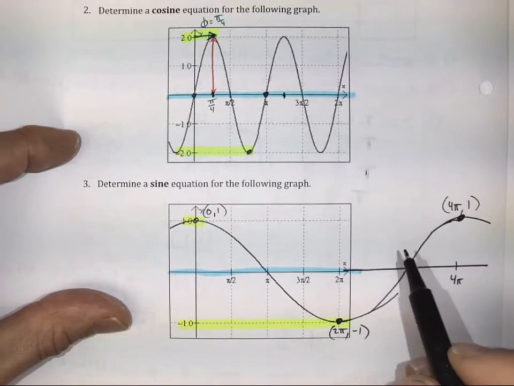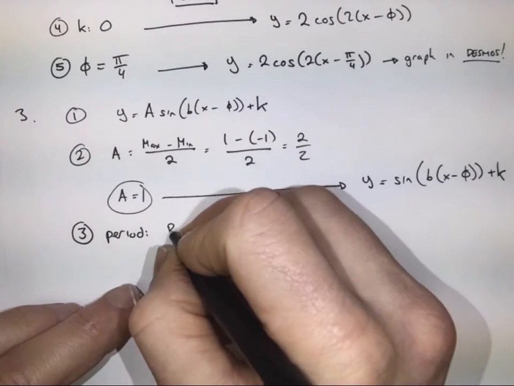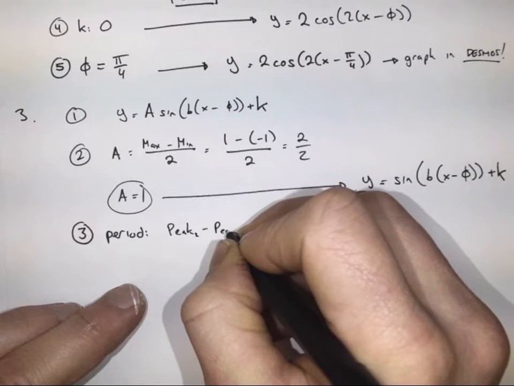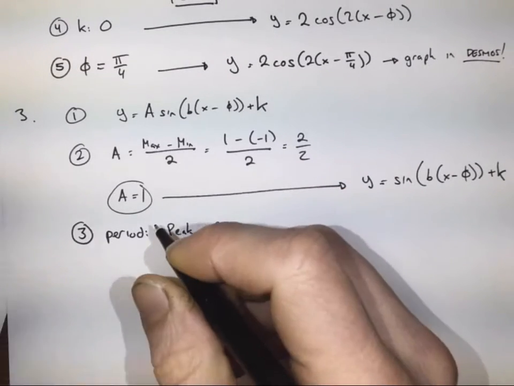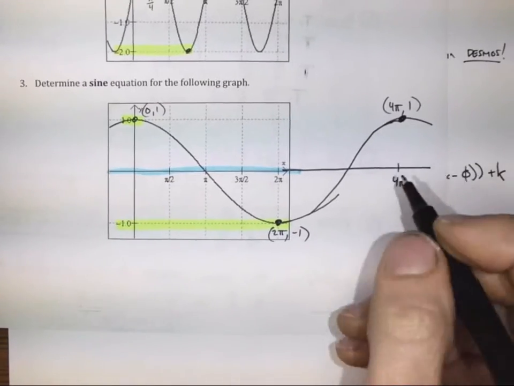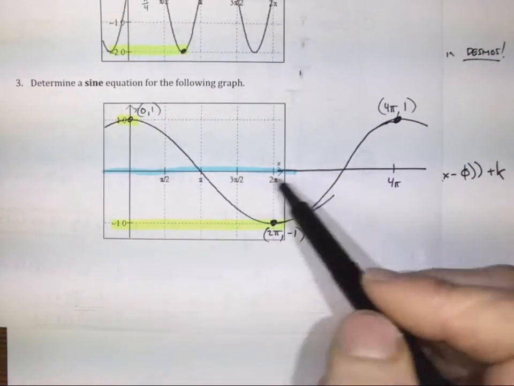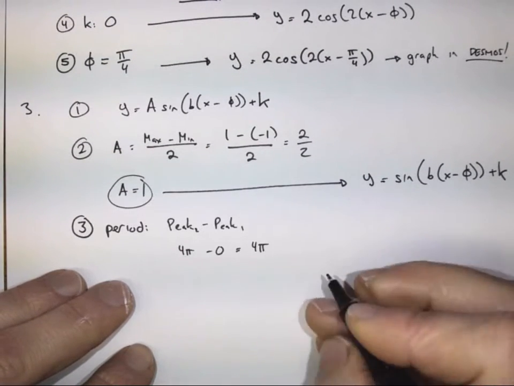And so I can find the horizontal distance by going peak to peak. So I can say peak 2 take away peak 1. The x value of our peak is at 4 pi, and we're going to take away the 0 here, and we're going to find the difference between them, which is 4 pi.